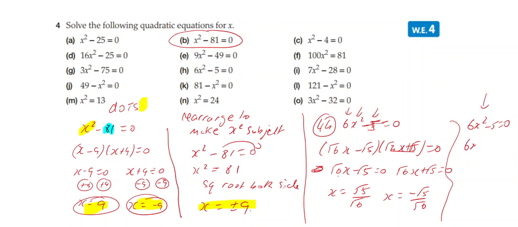So in doing that, I move the 5 to the other side. I then divide both sides by 6, and I square root both sides, so x equals plus or minus the square root of 5 on 6. Really important, don't forget the plus or minus. Whenever you square root both sides, you always get a plus or minus solution.